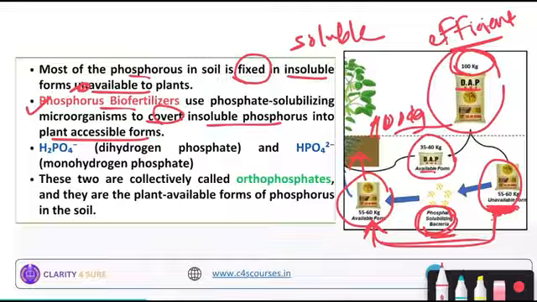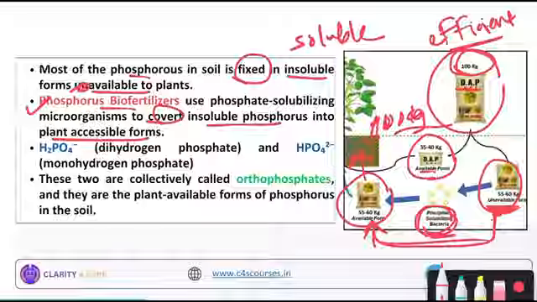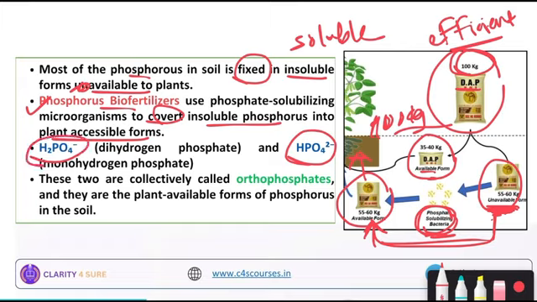From the start we are saying this is the available form and this is the unavailable form. How are we distinguishing these two? Every nutrient, every mineral has a chemical formula. The phosphorus which is available in two chemical forms, dihydrogen phosphate and monohydrogen phosphate, is called the available form, and anything other than these is unavailable.